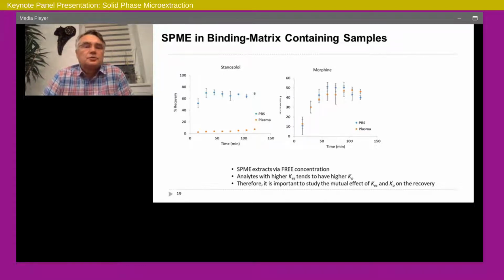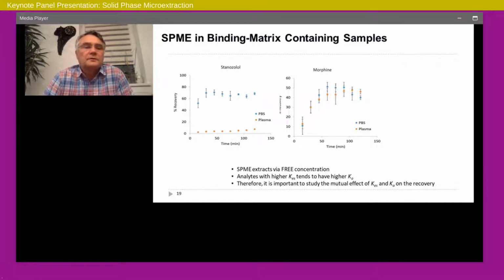And here, just to show you how it works, you compare hydrophobic with hydrophilic. As you know, morphine is a hydrophilic compound. So you can see there is no difference between extraction from PDMS and plasma. Plasma contains protein and PBS does not. So basically, since free equals total, the amount extracted in both cases is the same.